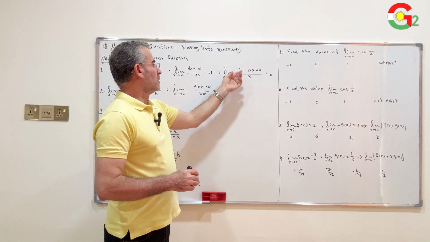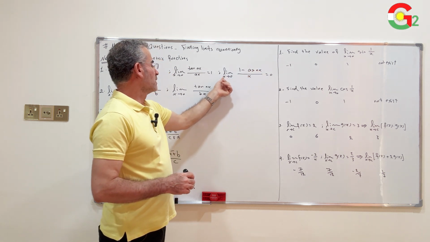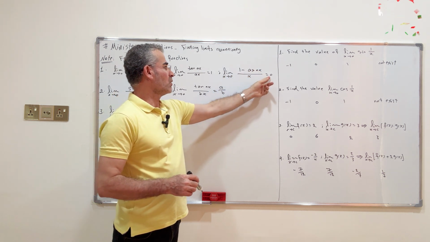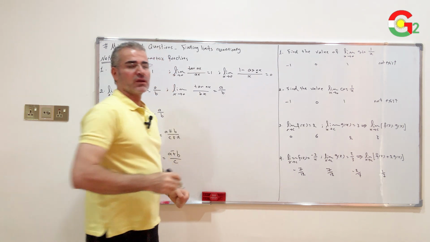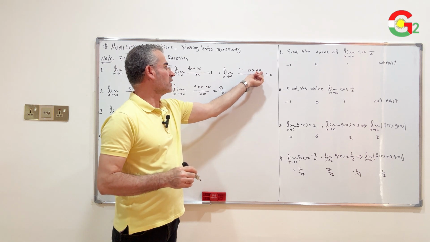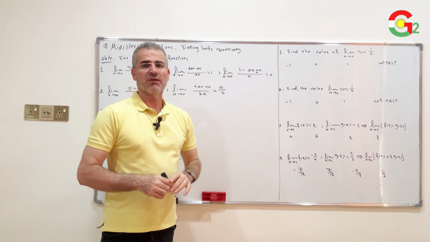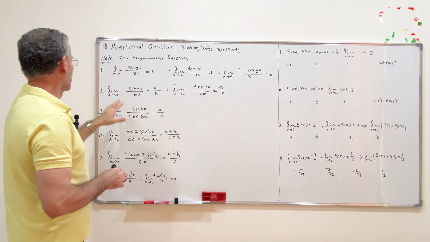Limit 1 minus cosine ax over x when x approaches 0 is 0. Whatever the coefficient of x inside the cosine, it doesn't affect the limit. It's always 0.